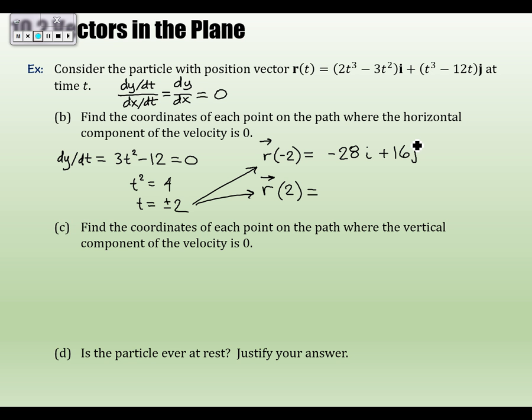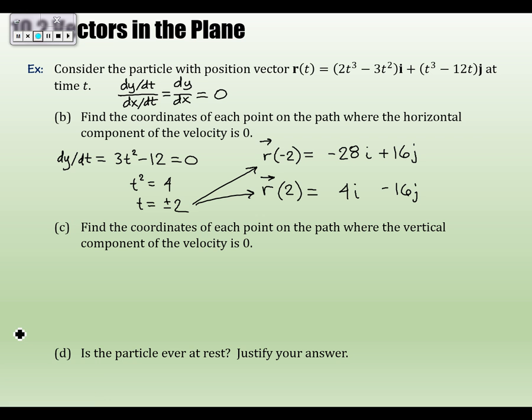Okay. And if you plug in 2, you get 4i plus something, minus 16j. Whatever, those are the positions at those 2 places. So at those places on the coordinate plane, when the particle passed through there, it had a horizontal component of velocity being 0. Okay, that's cool.